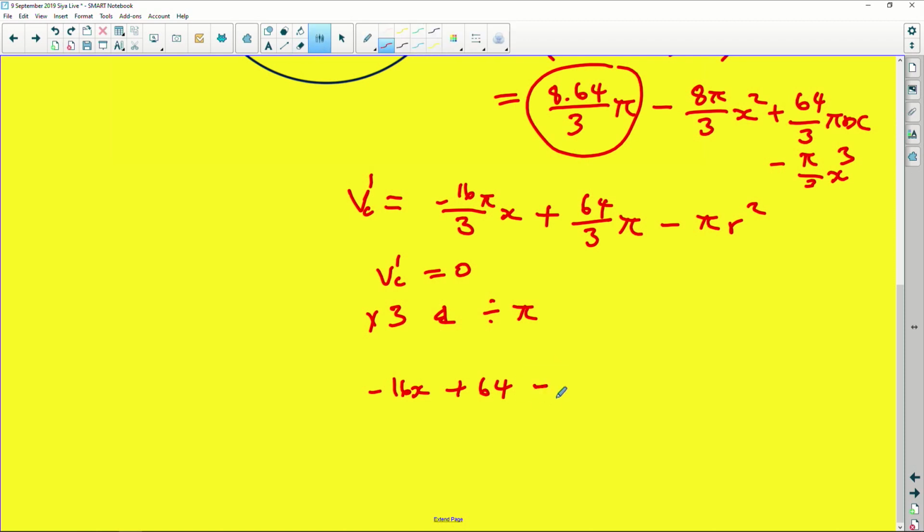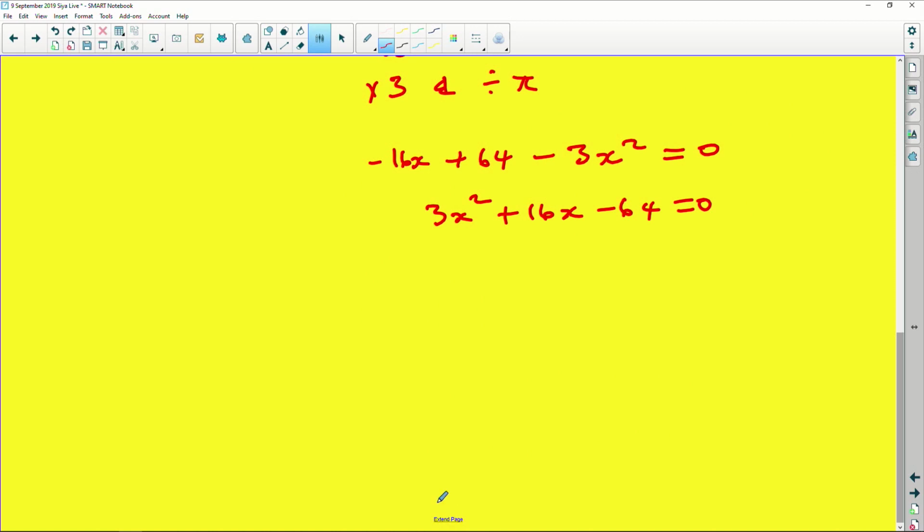And then lastly, it will be minus 3 x squared. Look at me using r here. This is supposed to be x. And this is equal to 0. So it means it will be 3x squared plus 16x minus 64 is equal to 0.